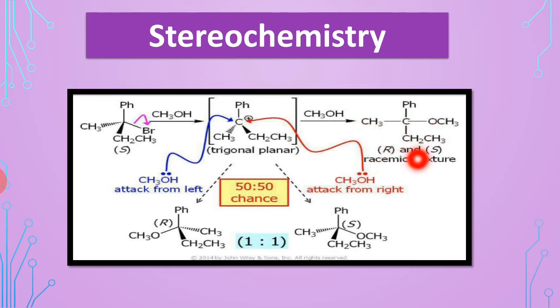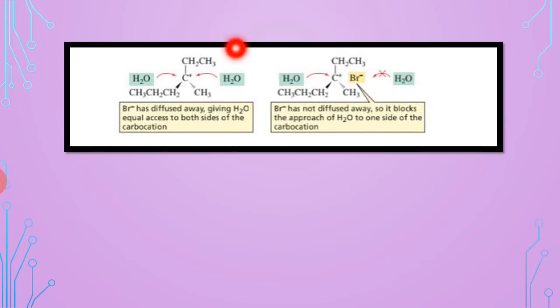But complete racemization doesn't take place. This is because the nucleophile attacks the carbocation even before the departing halide ion has moved sufficiently away from the carbocation.